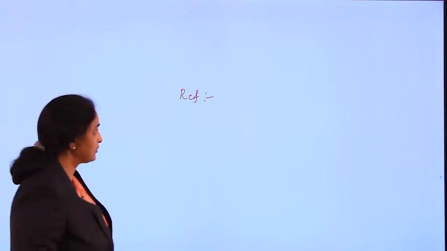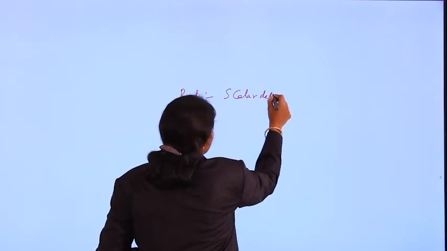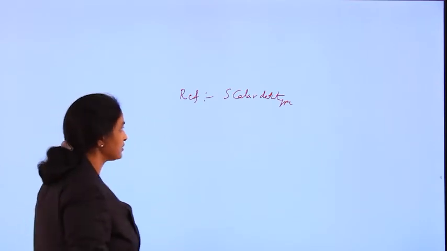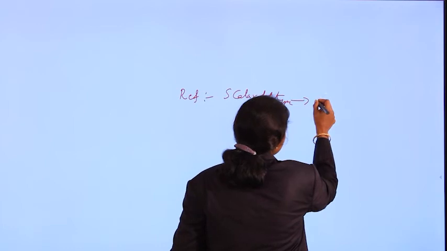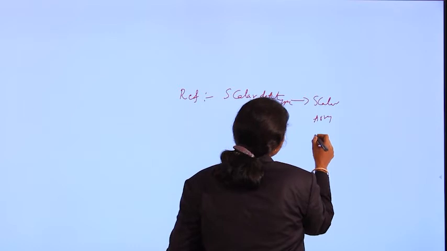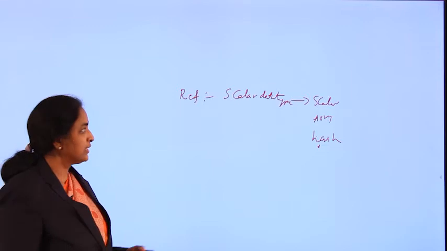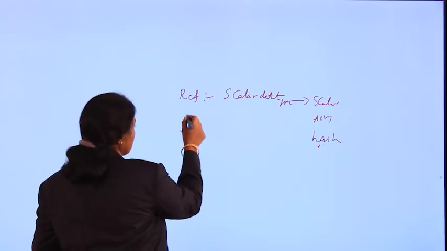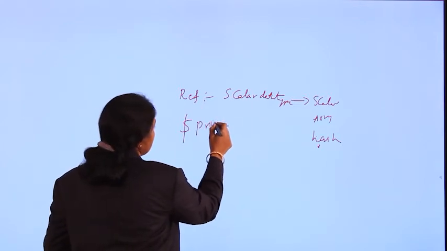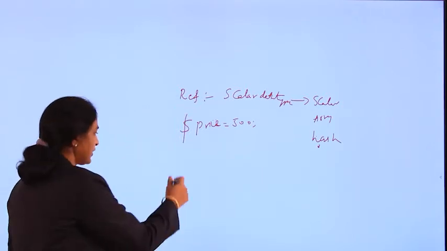A reference is nothing but a scalar data type. It holds the memory location of another data type. That other data type can be a scalar, or an array, or a hash. Suppose we consider a scalar variable, say price, and price is equal to 100.